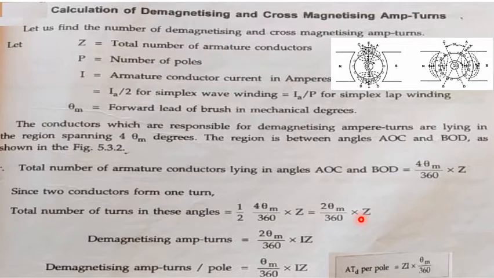This is regarding the total number of turns, and the earlier one was regarding the total number of armature conductors. The total number of turns is half of the total number of armature conductors.